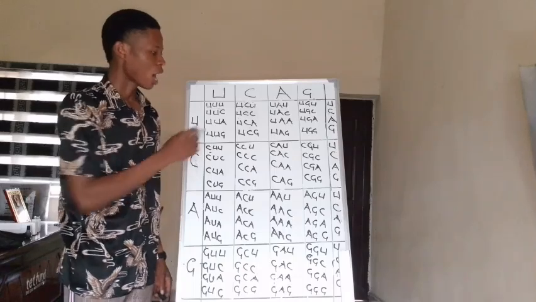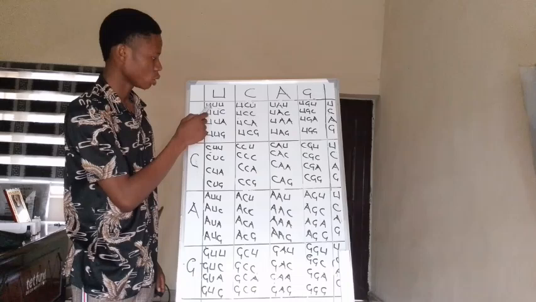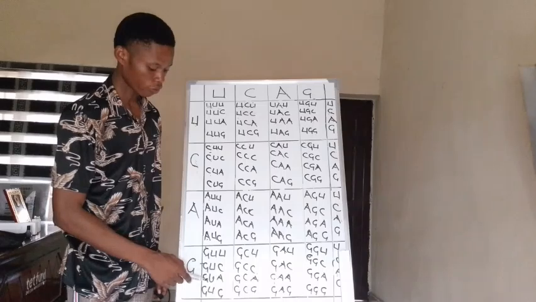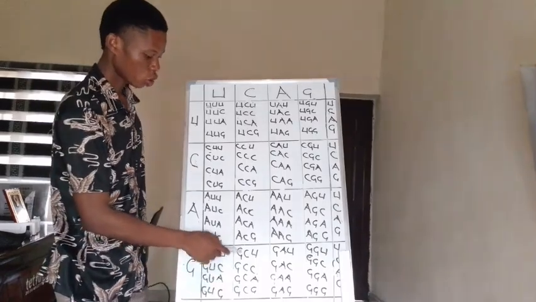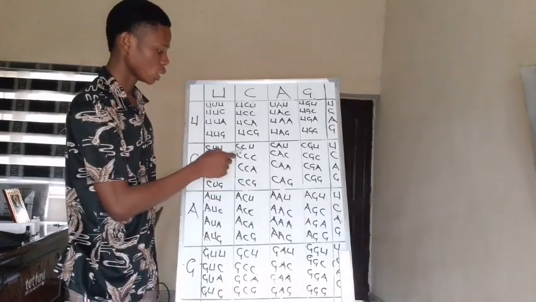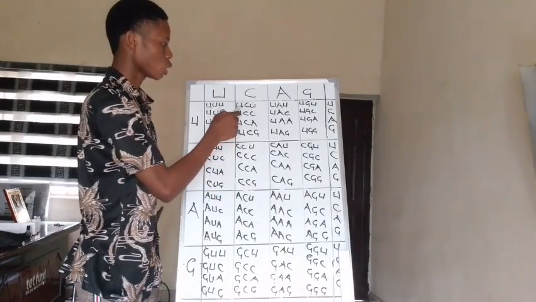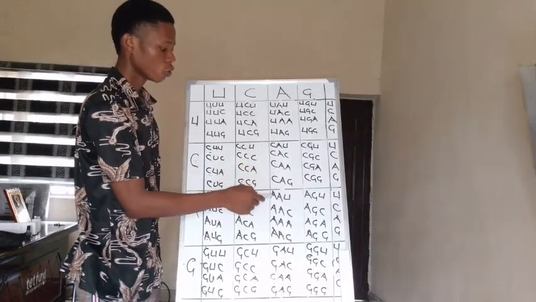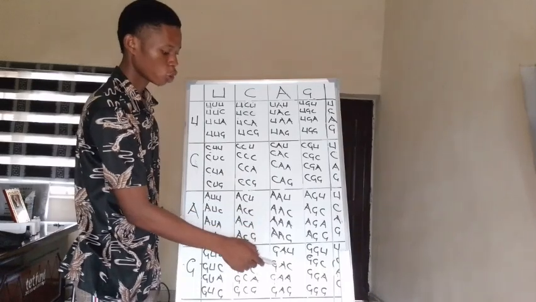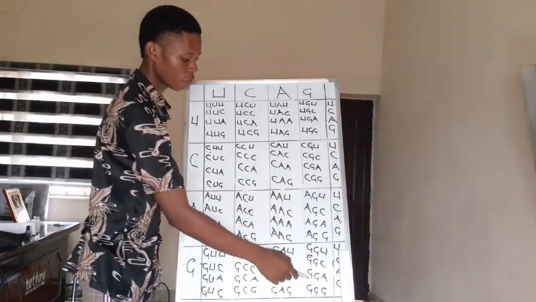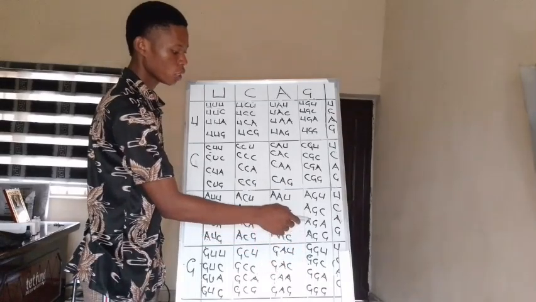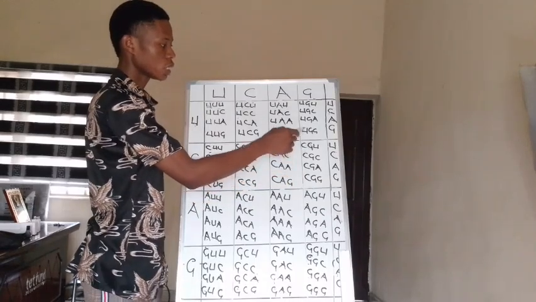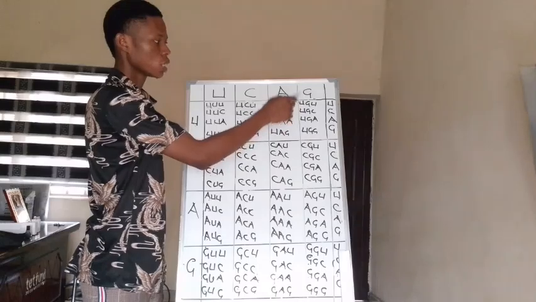But now, how many codons do we have here? If you count it, 1, 2, 3, up to 64.